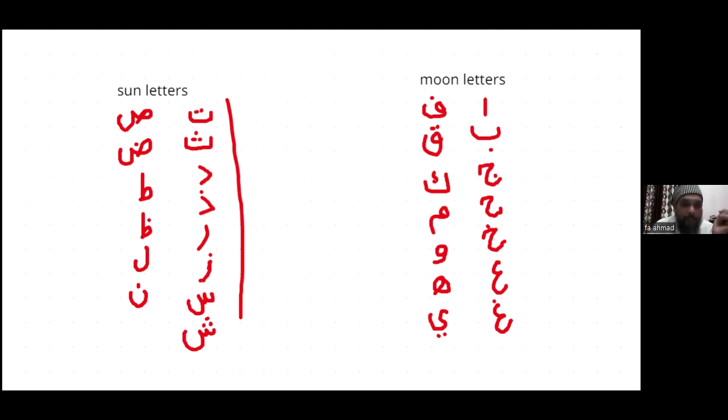Let's see an example of a word that starts with a sun letter. Here I write the word tamar. Tamar means dates, the fruit. This ta is a sun letter.